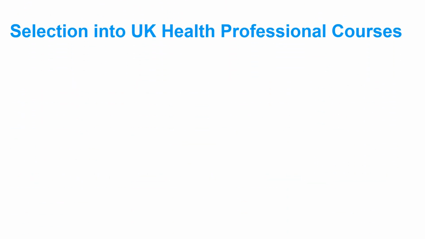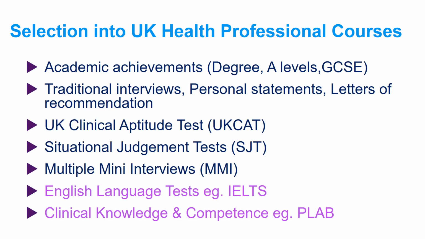Selection into health professional courses in the UK involves one or more of the following. Previous academic achievements such as GCSEs, A-levels or degrees. These are relevant to all professions. Traditional interviews, personal statements and letters of recommendation. The UK Clinical Aptitude Test or UK-CAT, used for entry to medical schools in the UK.